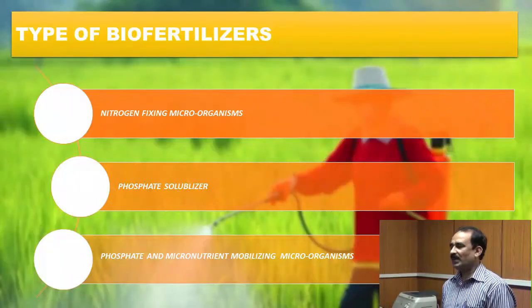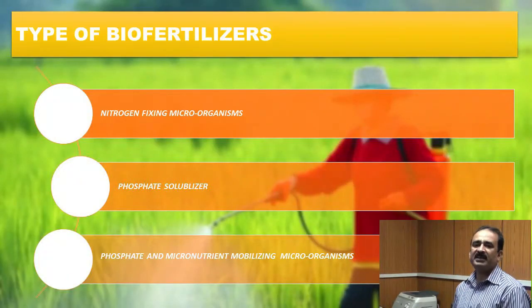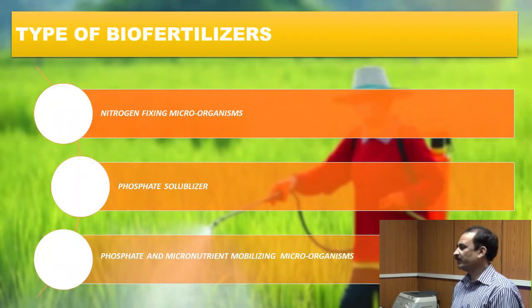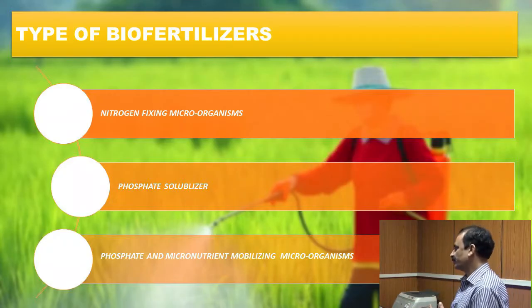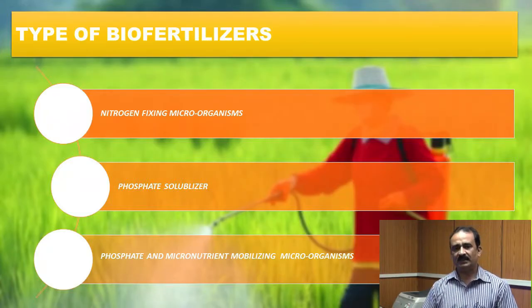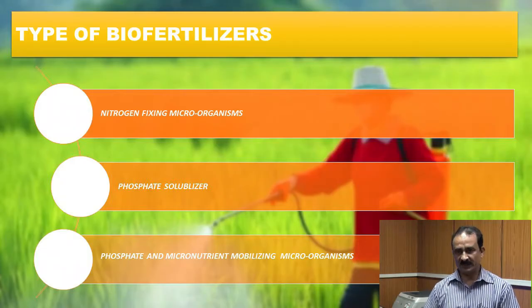Then we come to the classification of biofertilizers. The first is symbiotic and then non-symbiotic, and examples come under both. The first is nitrogen fixing microorganisms, bacteria capable of fixing atmospheric nitrogen.